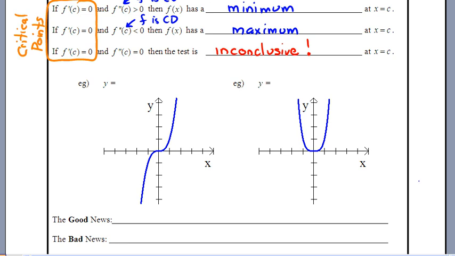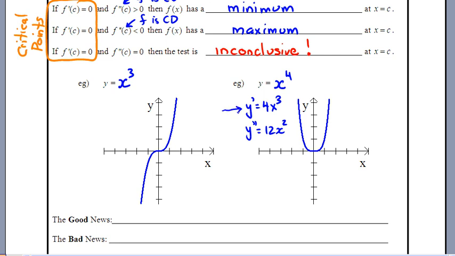The first one over here is going to be y equals x cubed, and the one beside it is going to be y equals x to the fourth. Let's do the one on the right first, actually. For this one, if you do the first derivative, you end up with 4x cubed. And then if you do the second derivative, you end up with 12x squared. Are there any critical points? You would start eyeballing here first.